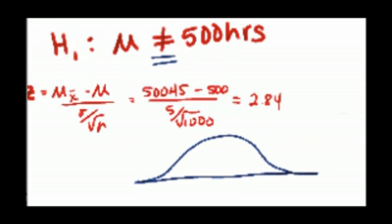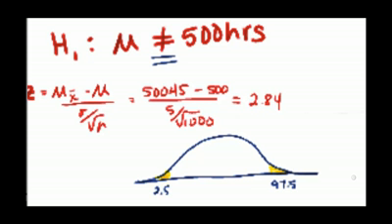So what we do is we know that this is going to be 2.5, and then if we do 100 minus 2.5, the other end of the rejection region, it's going to be 97.5 or 0.975, however you want to do it.